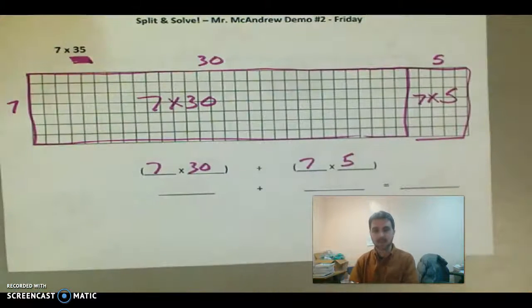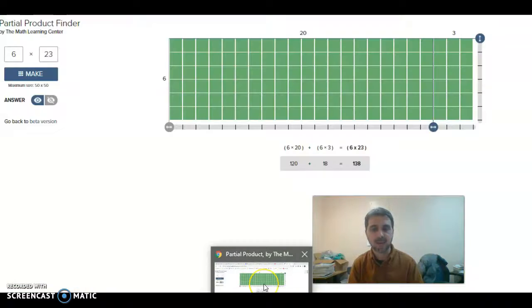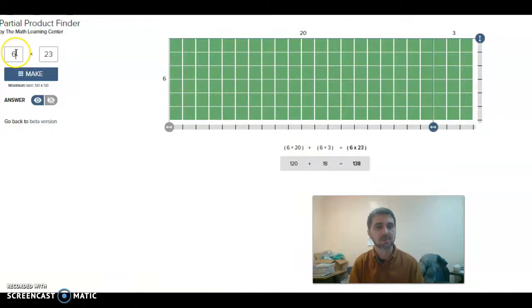Then if I look at that on the computer app that we've been using, I would type in 7 and 35, oh, not 235, Mr. Angelo, let's not get too far ahead of ourselves.